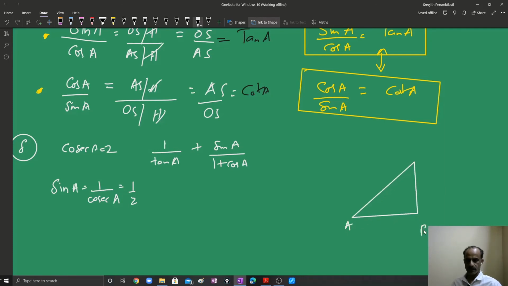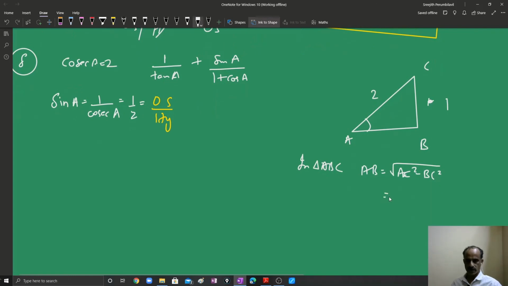Triangle A, B, C. This is nothing but opposite side by hypotenuse. So either I can take it as 1K and 2K, or 1 and 2. In triangle ABC, AB is equal to root of AC square minus BC square.